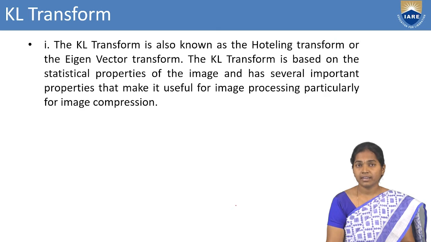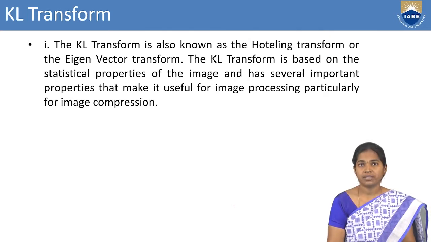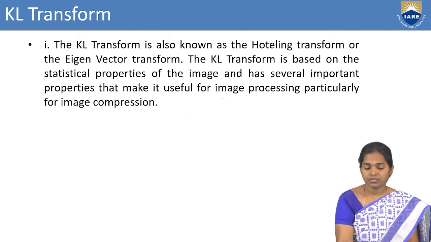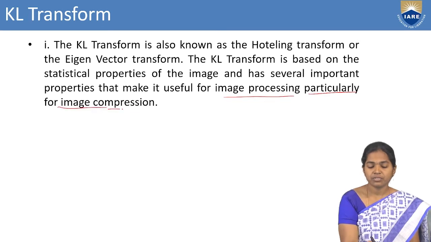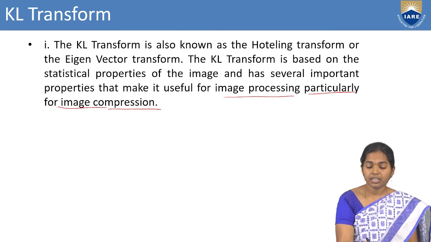It focuses on the first few components of the image, using the statistical properties of the image, and has several important properties that make it useful for image processing, particularly for image compression.